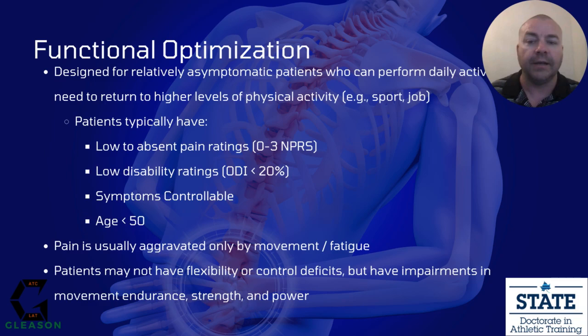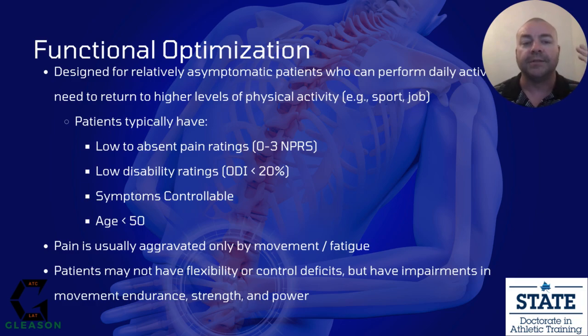All right. So as we roll into our functional optimization, if you want to think about this one as that return to play, and we're really trying to get them back into functional activity, that's pretty easy to remember if you've ever done functional training or return to play training. This one is a patient who is relatively asymptomatic, and they can perform their ADLs, but they can do a higher level of physical activity.